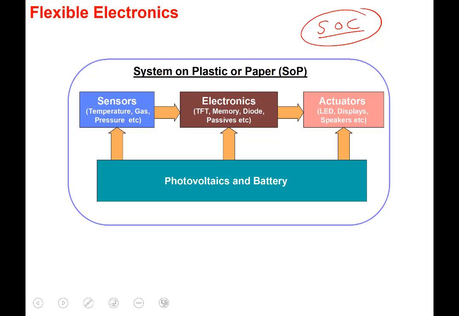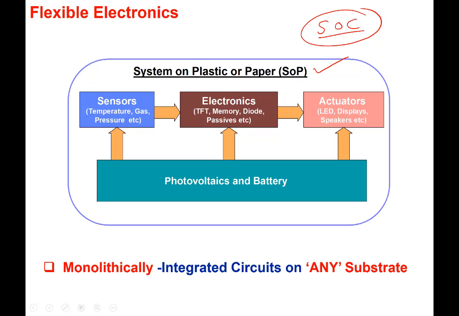Here you can literally have a system on plastic. Everything on the plastic itself. One single plastic sheet, and you could do everything on it. Now what people have done is they've shown elements of it. They've made sensors, they've made TFTs, they've separately made photovoltaics and battery. I'll show you later on here.